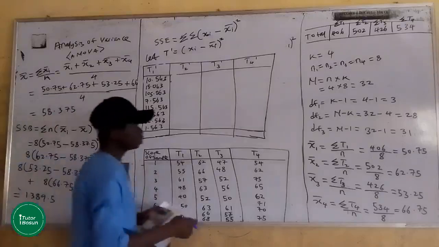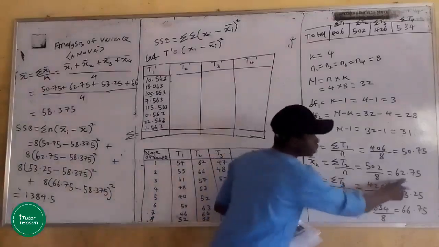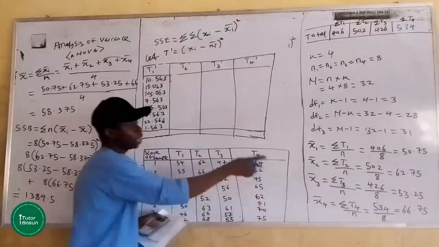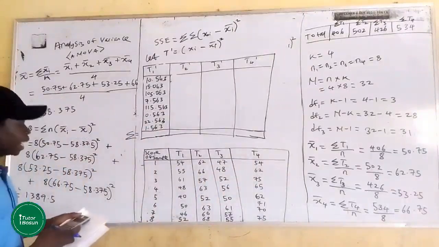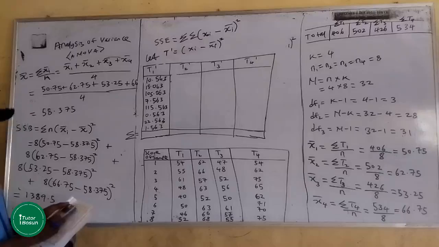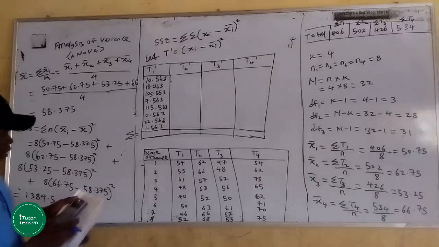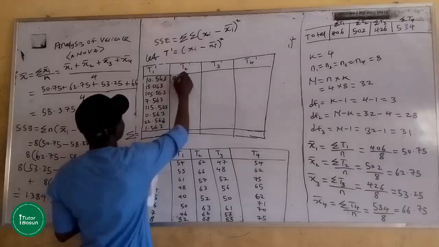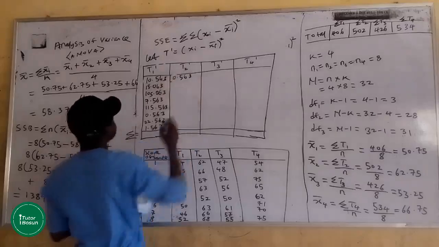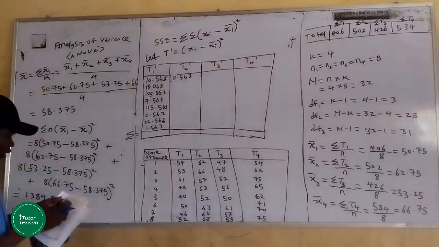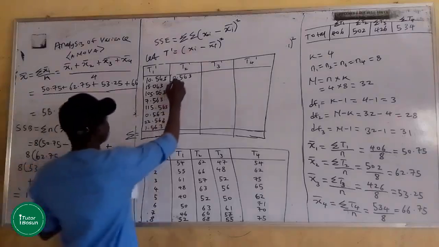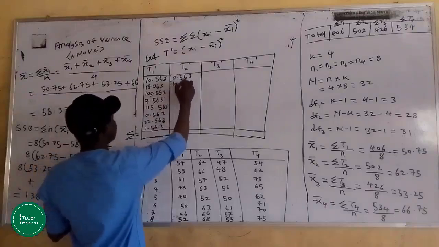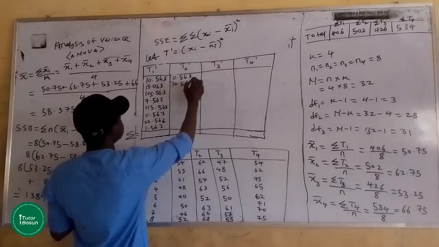Let's go to the next one, T2. We'll be making use of 62.75 now because the x2 bar is 62.75. So let's start with the first one. That's 62 minus 62.75 squared. That's 0.563. The next one is 66 minus 62.75, all squared. That's 8.563.